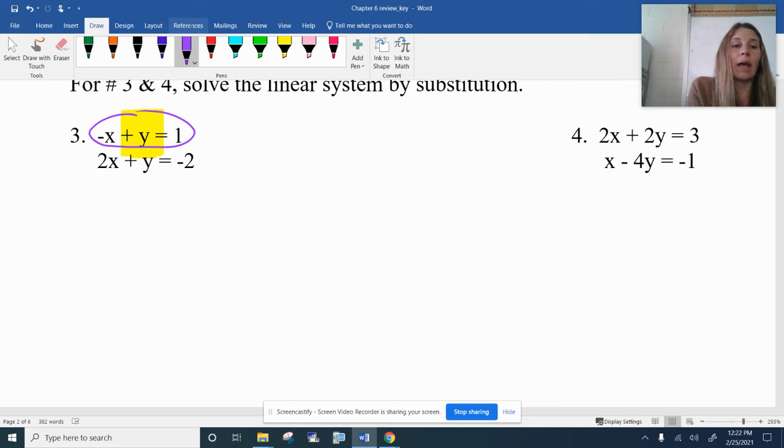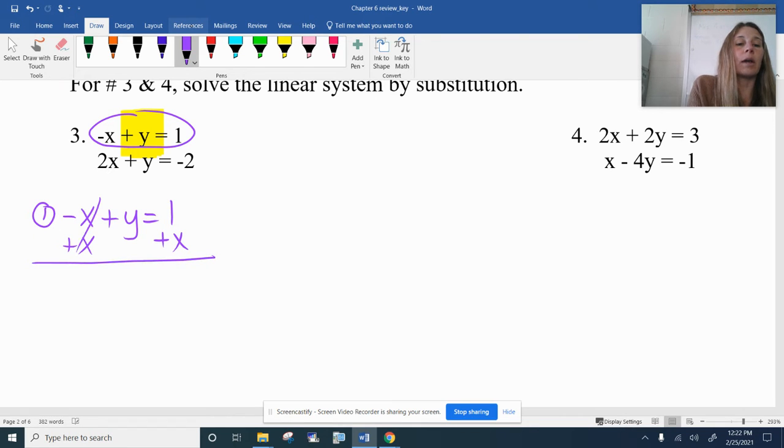So for the first step in this problem, I am going to get this y by itself. And I'm going to do that by bringing my x over to the other side. And now I have y equals x plus 1.